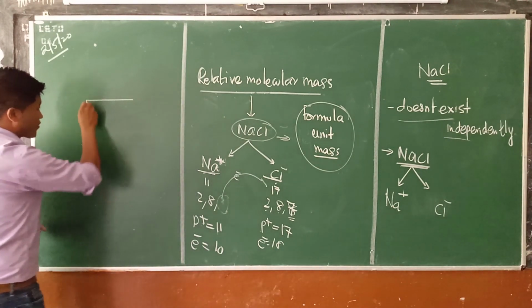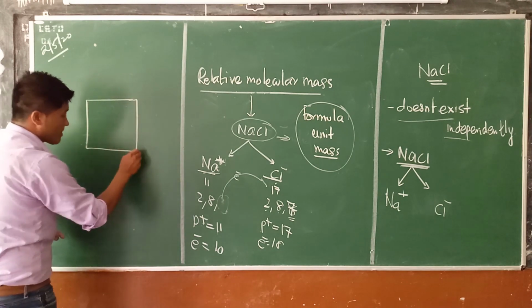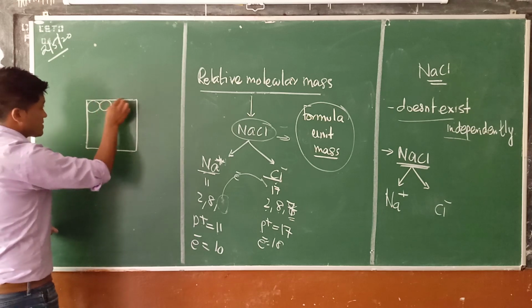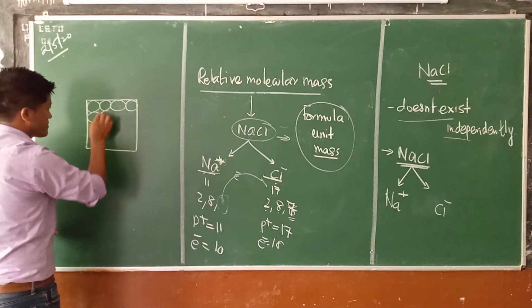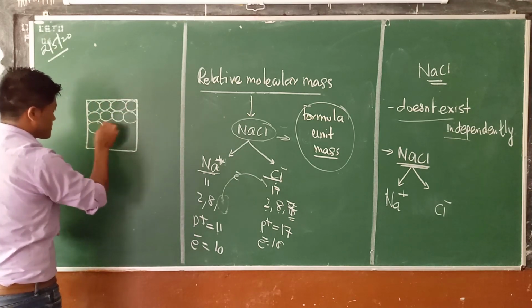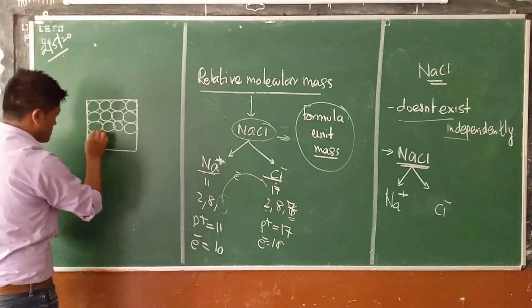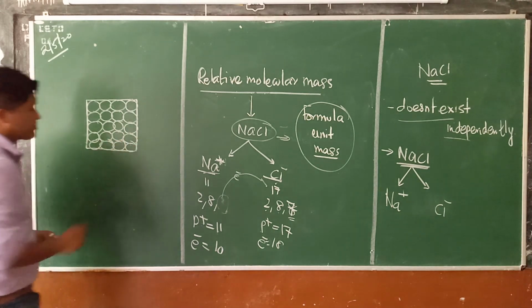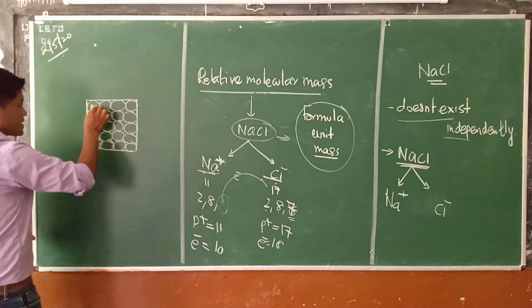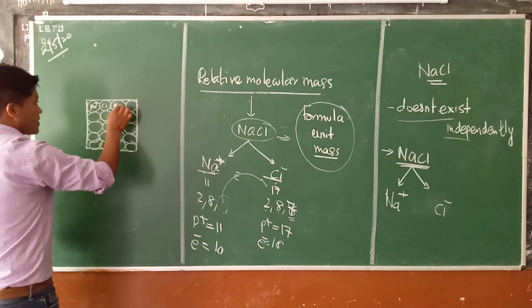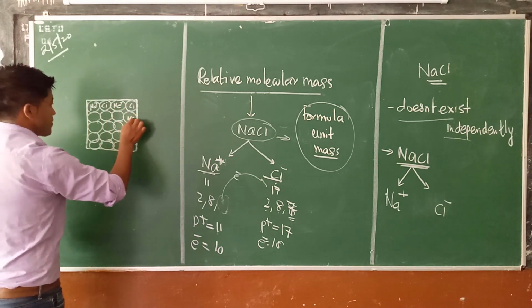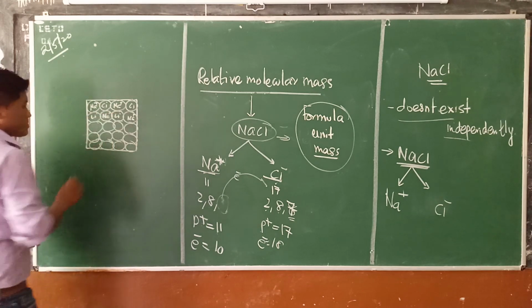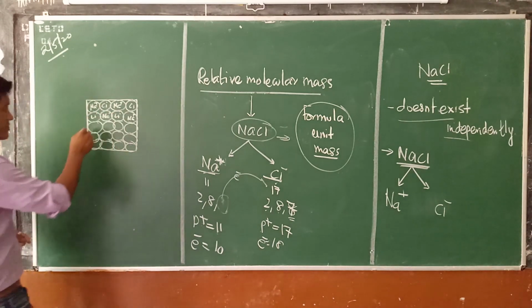Let's say this is sodium chloride, NaCl. Okay? I'm going to write roughly. Let's have a quick write of this. Na plus, Cl minus.